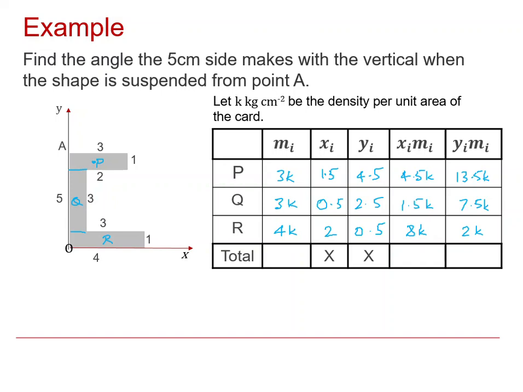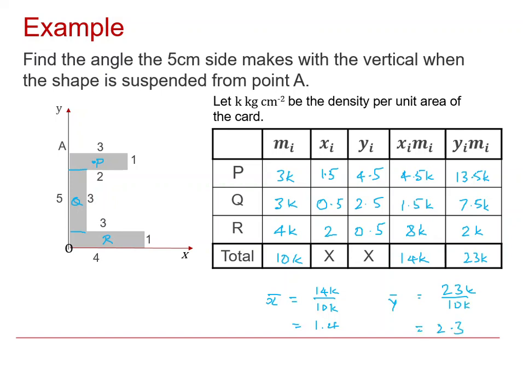So if we do the adding up, 14k is the total for the mass times x, 23k for the mass times y, and 10k for the total mass of the object. So in the usual way, x bar will be 14k divided by 10k, which means it's at 1.4. y bar is equal to 23k divided by 10k, which means it's at 2.3.